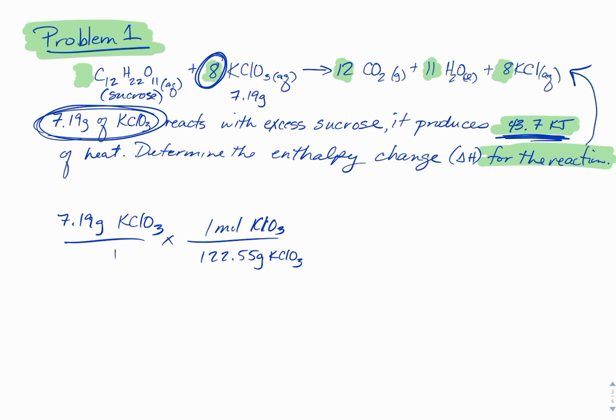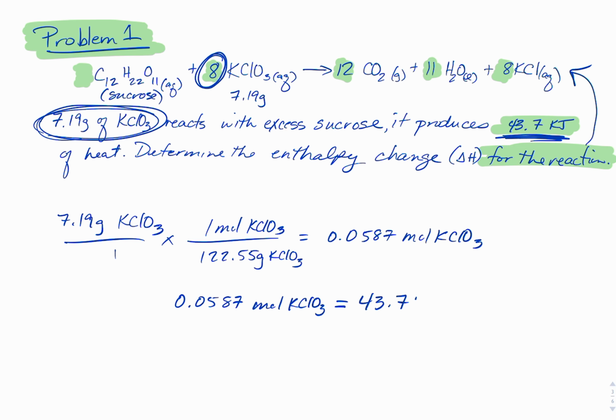Let me write KClO3 better. That mole value rounded to the third significant figure is 0.0587 moles. So essentially what we know right now is that for every 0.0587 moles of KClO3, it produces 43.7 kilojoules.